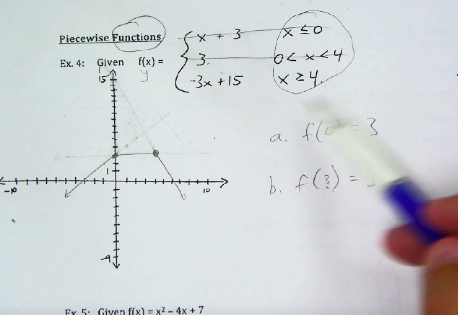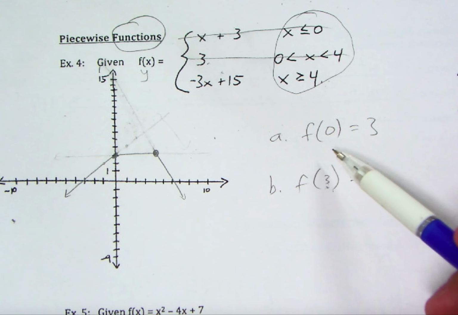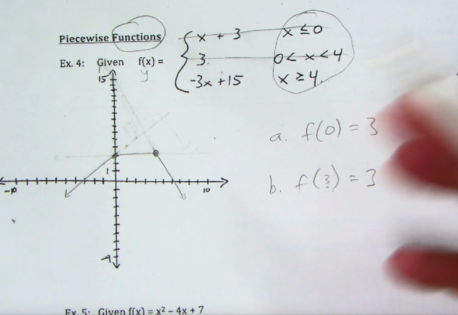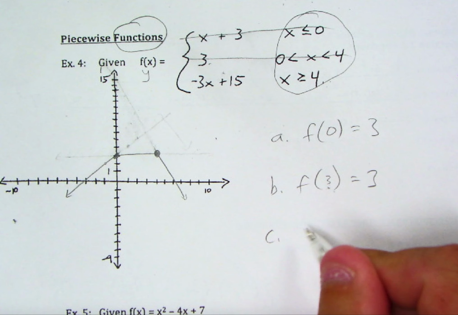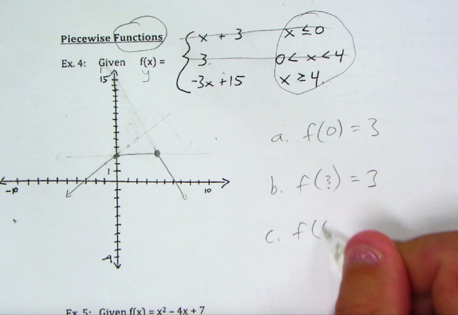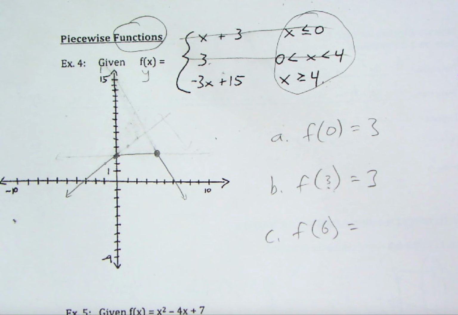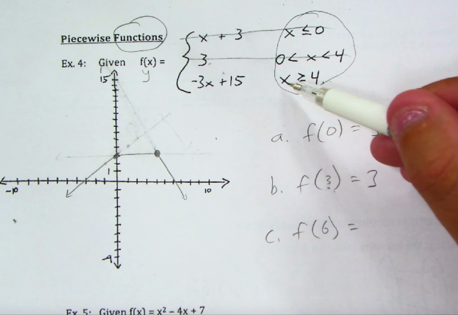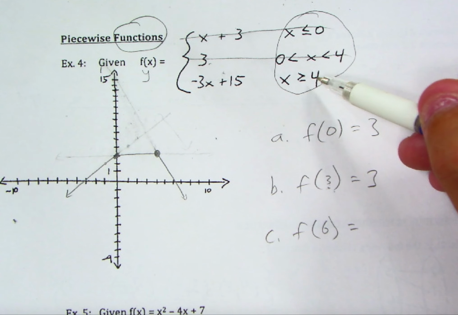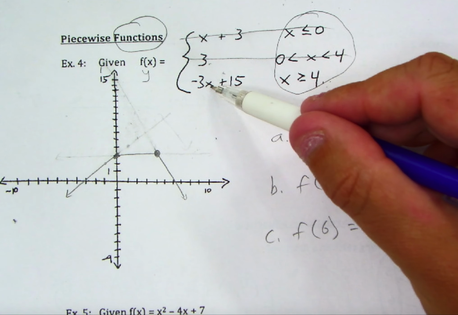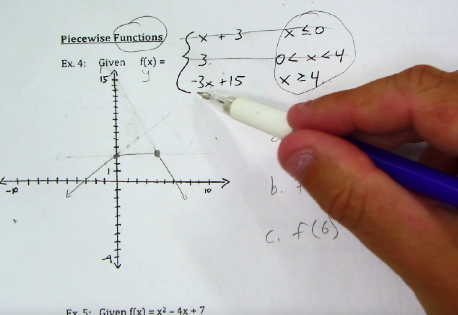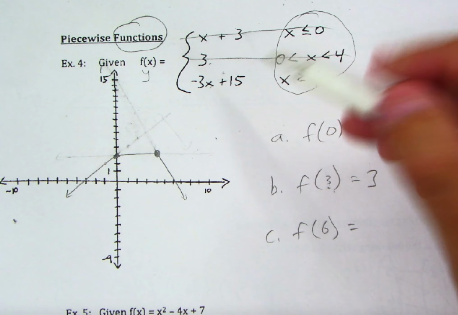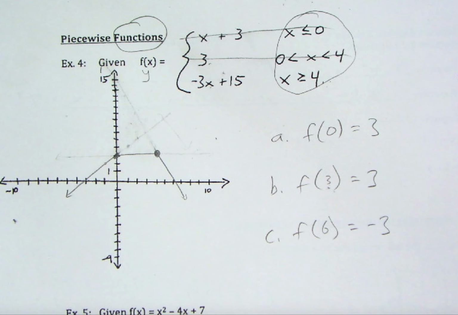So we use these inequalities to decide which piece to plug our thing in. I'll do one more. If I said f of 6. So now I check. No. No. Yes, 6 is greater than or equal to 4. So I would plug 6 in for x here. So that'd be negative 18 plus 15 is negative 3. That's my output.